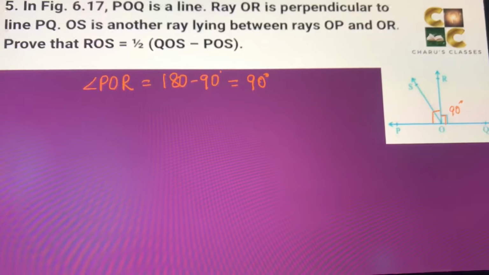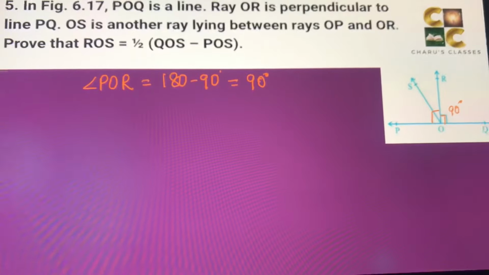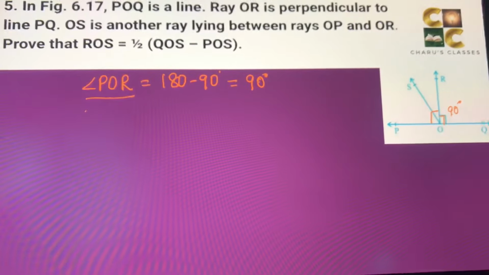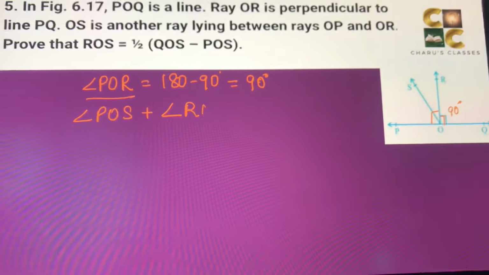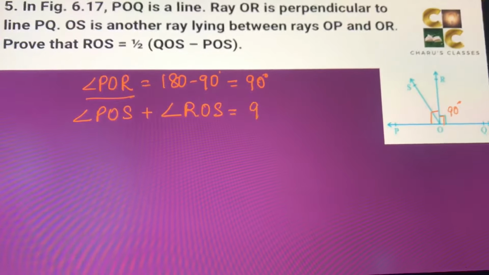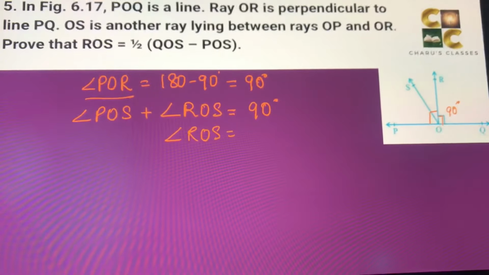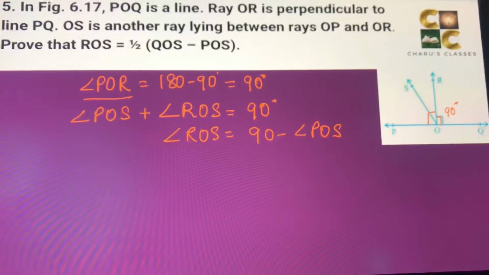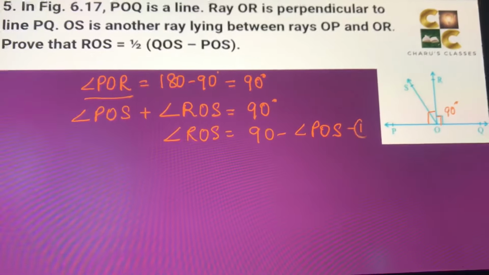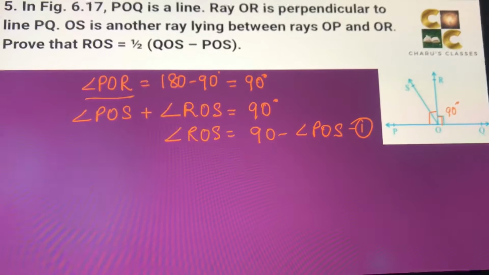Now I have to prove about angle ROS. So I can write angle POR as the sum of angle POS plus angle ROS, that is equal to 90 degrees. Or angle ROS can be written as 90 minus angle POS. This is one equation. And in the proof, I need angle QOS also.